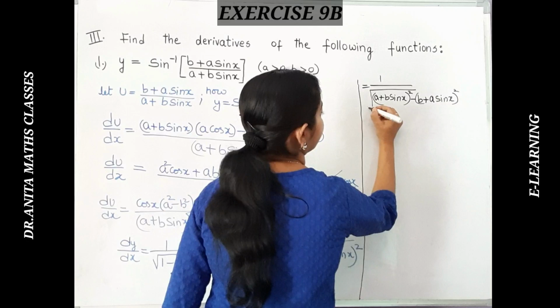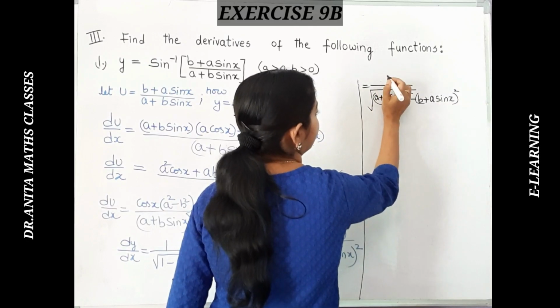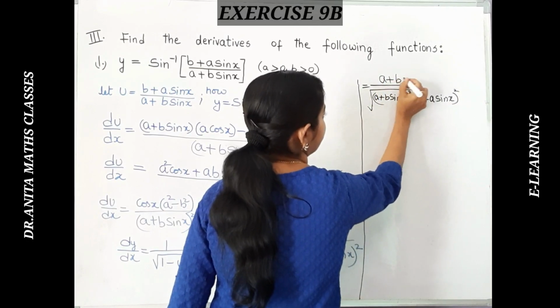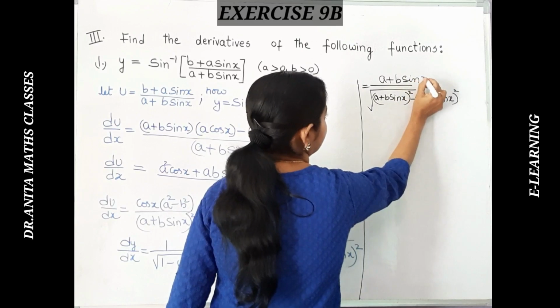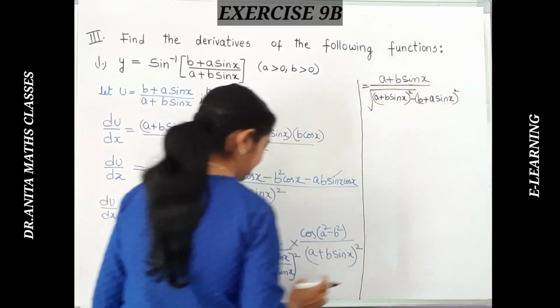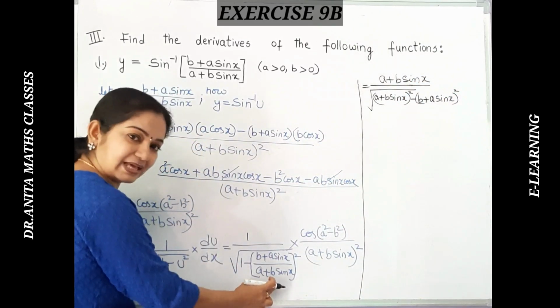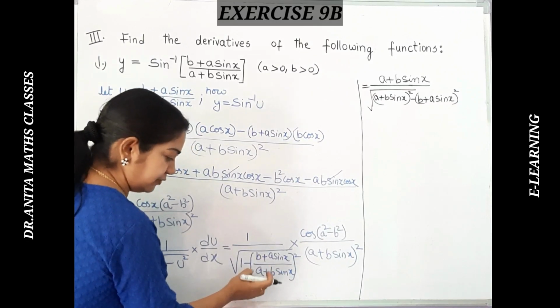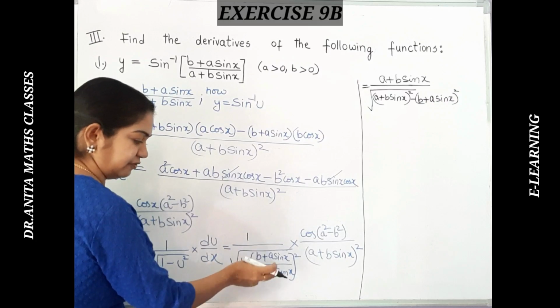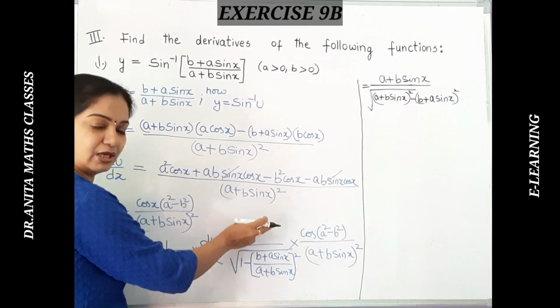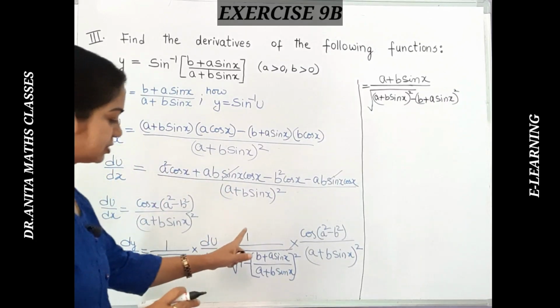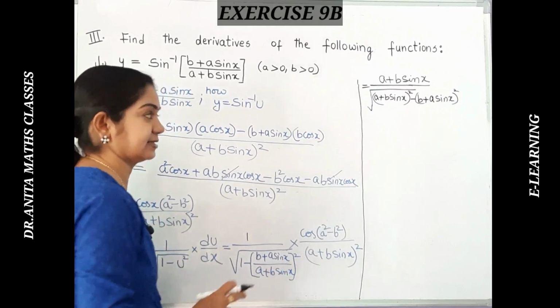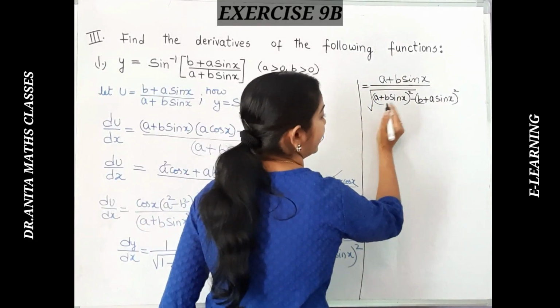So here I can write, above, a plus b sin x. So I'll repeat it. See here, if you are taking LCM, a plus b sin x whole square is the LCM. So this LCM is under root. So if it comes by, it comes above, isn't it? So under root, square root and square go off, only we get a plus b sin x. So that I have taken to the upper part.